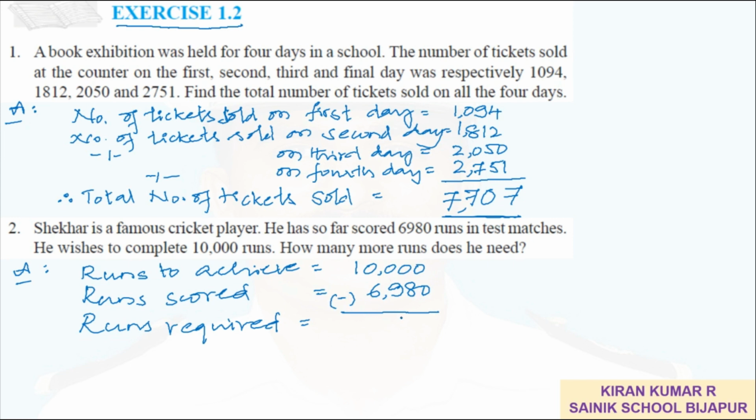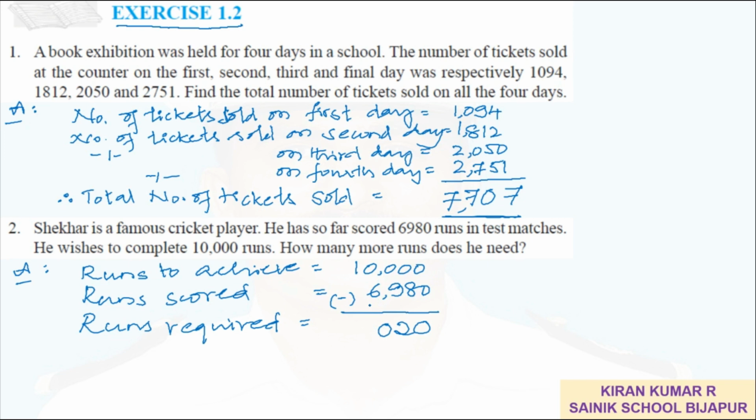So let us subtract. 0 minus 0 is 0. From here you will take a carry. It becomes 10. 10 minus 8 is 2. So 9 minus 9 is 0.